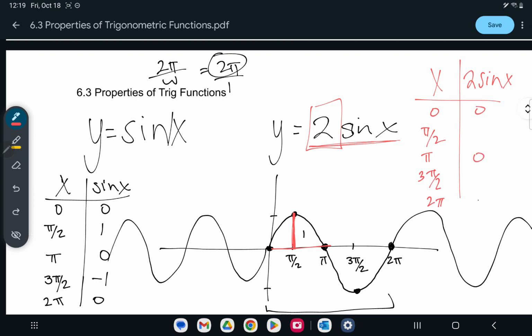Still going to give 0 for these 3. But now instead of 1, like I have here and -1 here, I'm just multiplying it by 2. So 2 and -2. So 2, and I'm out of room, we'll just pretend that's -2. And then I'll connect them. And it would go back up and down, both directions. Okay, kind of cool.